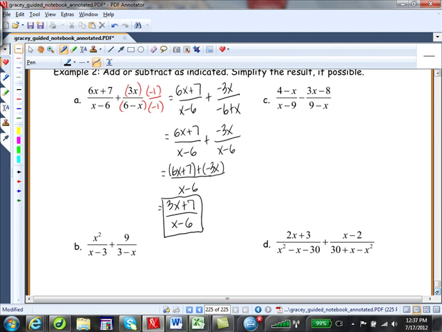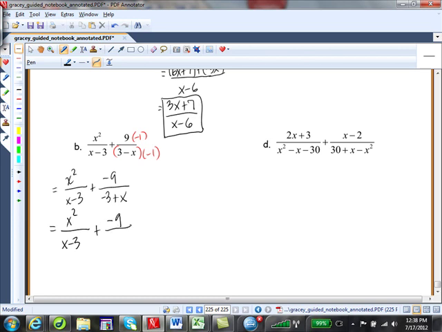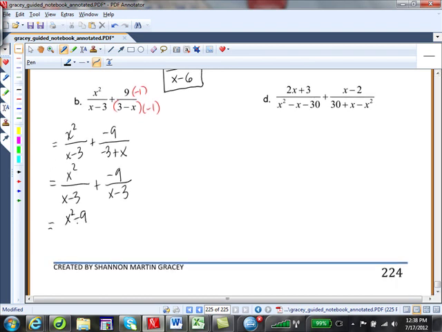Okay, let's see how you did on part B. Again, I'm going to go ahead and multiply the second denominator by -1. So then this will give us x squared over x - 3 plus -9 over -3 + x. We will have x squared over x - 3 plus -9 over x - 3. Now we have the same denominator, so we will have (x squared - 9) over x - 3.